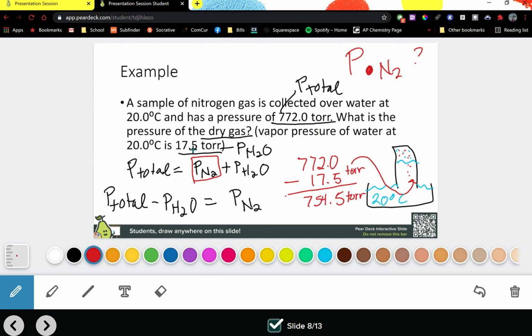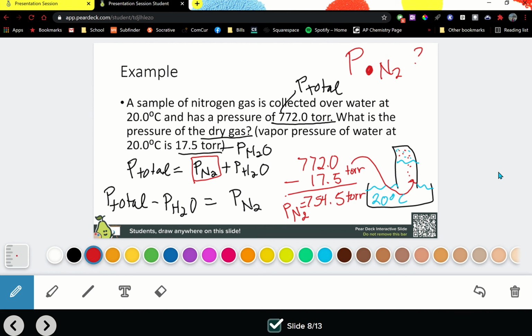Again, we're adding, subtracting, so we want to keep the equal number of decimal places there. So that is our pressure of nitrogen, the pressure of our dry gas, because we subtracted out the water.